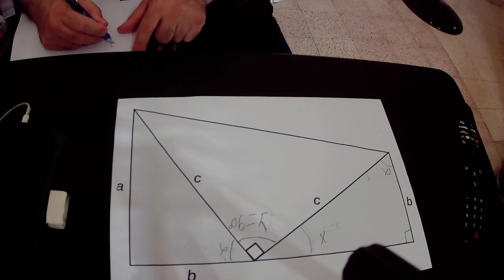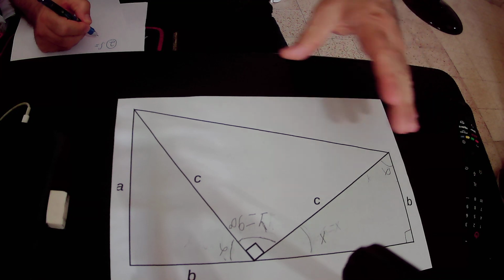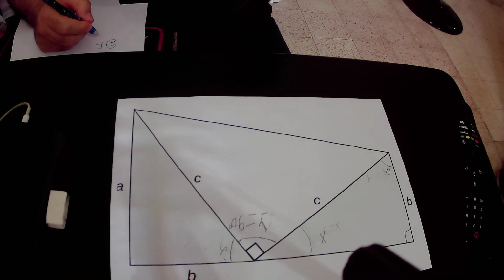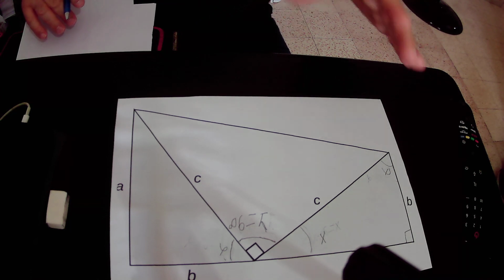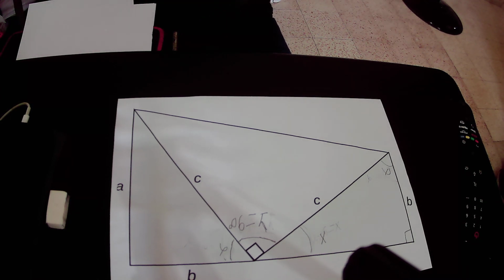The second expression: we will calculate the area of this trapeze in another way, and we can say that the area of this trapeze equals the area of its components.